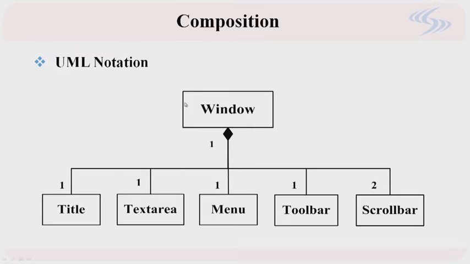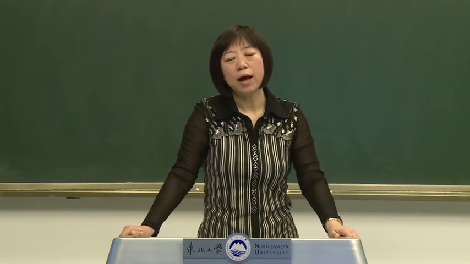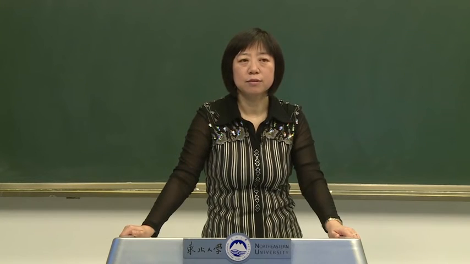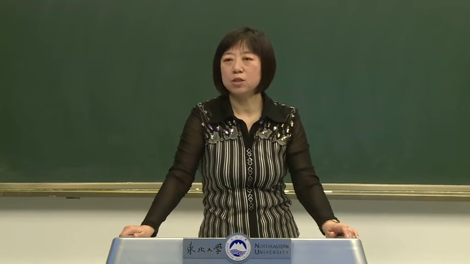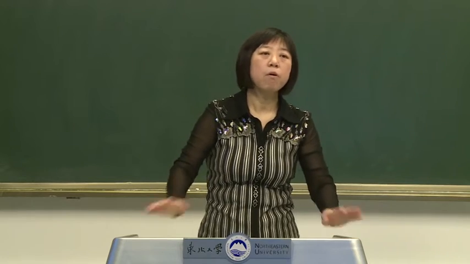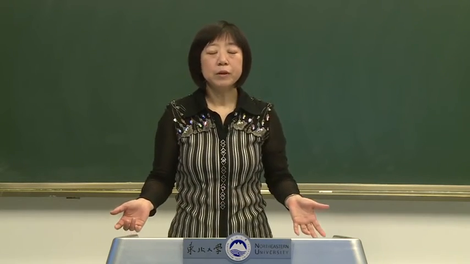The notation in this diagram for window is a solid diamond pointed to the whole class. But in this diagram, the diamond is hollow, pointed to the whole class. Maybe you will think that I have made some mistake for these two diagrams. Okay. Well, the answer is no. Both these diagrams are correct.